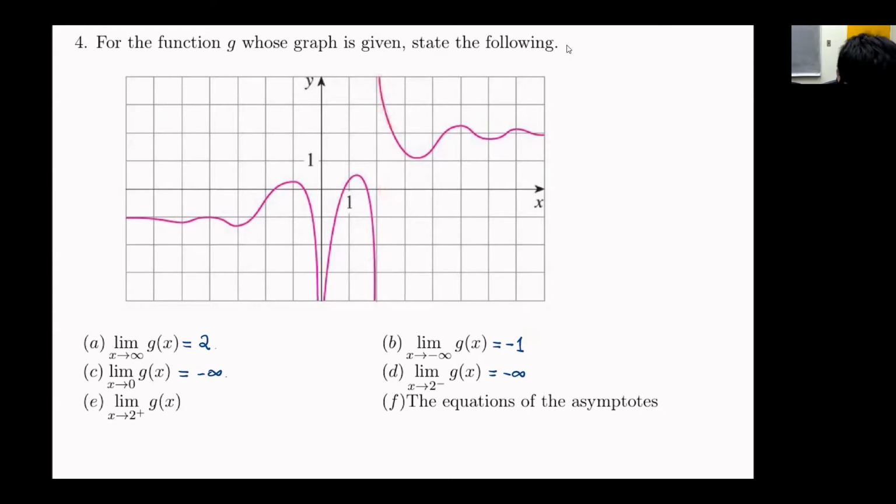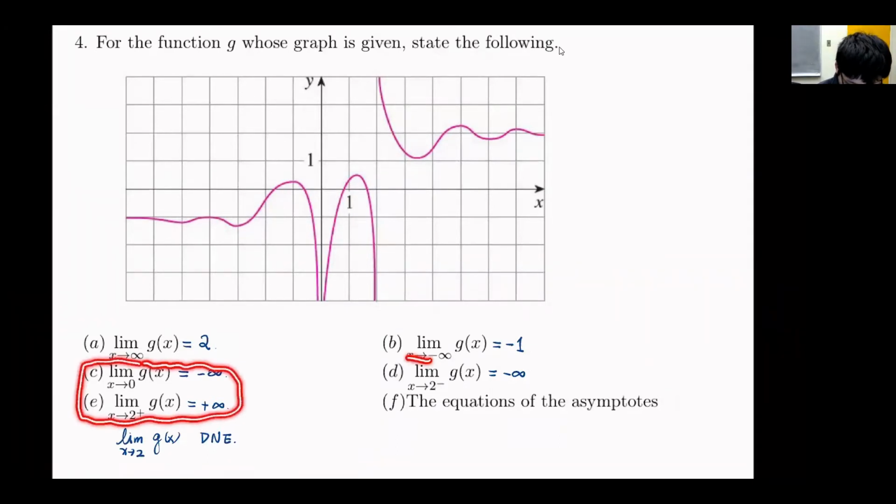So that's how I conclude that the right-hand limit at the number 2 is positive infinity. So because these two are not the same, the only thing we can say about the limit of g of x as x approaches 2 is that it does not exist.